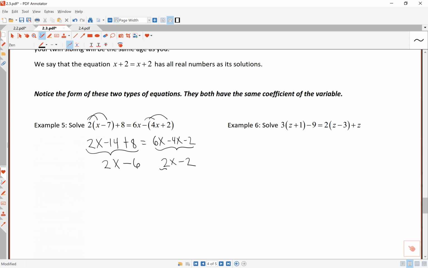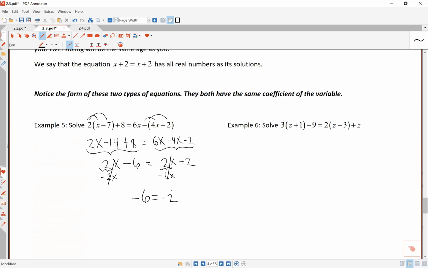The sign that something weird is going on is that they're both 2x's. And so we want to know when 2x minus 6 will be equal to 2x minus 2. But the problem is when you subtract 2x from both sides to try to solve this, they both cancel out and you end up with negative 6 is negative 2 with no variable anywhere.